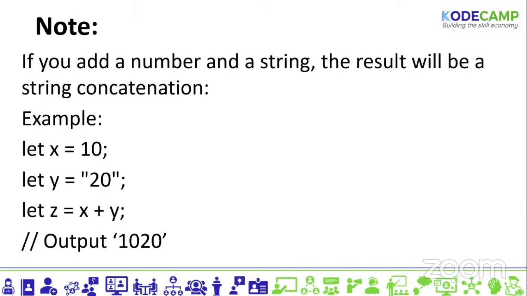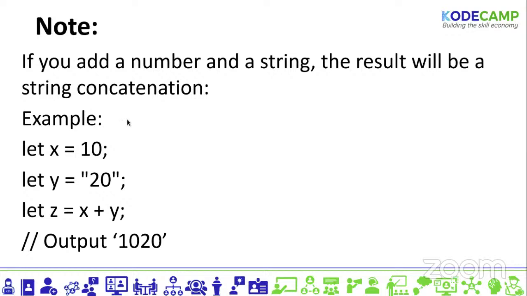So let's continue. If you add a number and a string, the result will be a string concatenation. Concatenation is the act of adding two strings together.